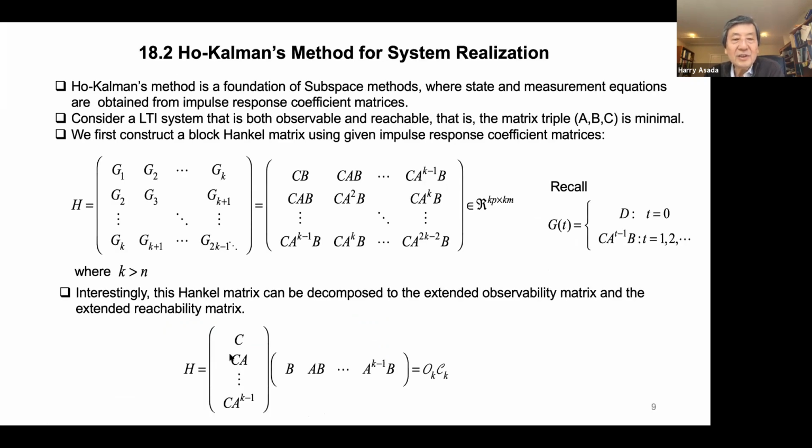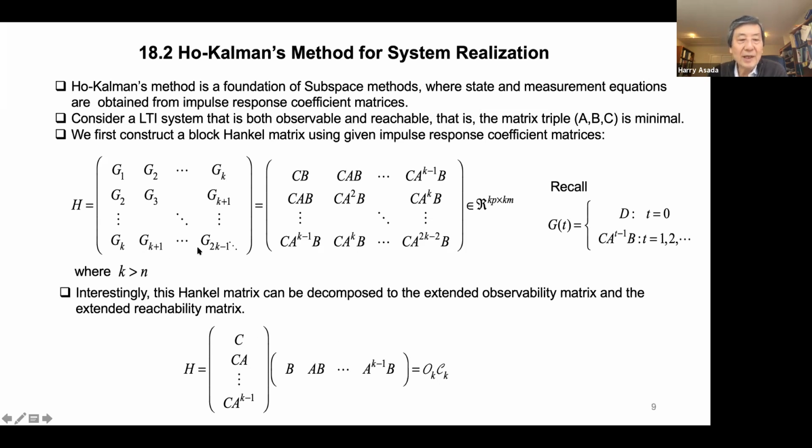And then here's the thing. First we introduce the Henkel matrix and place the impulse response coefficient matrices in this way, just cycling through. Interestingly, this can be factored into a product of the observability matrix and the controllability matrix.